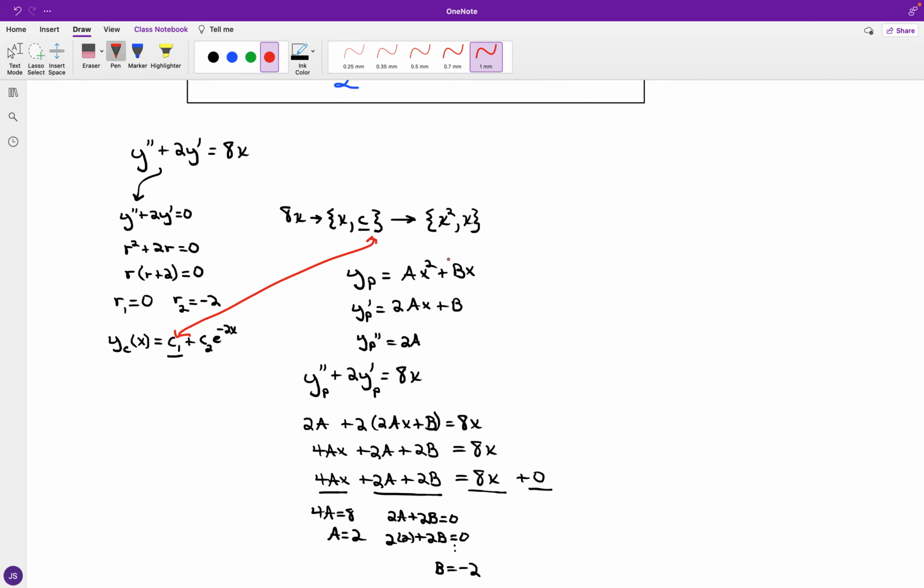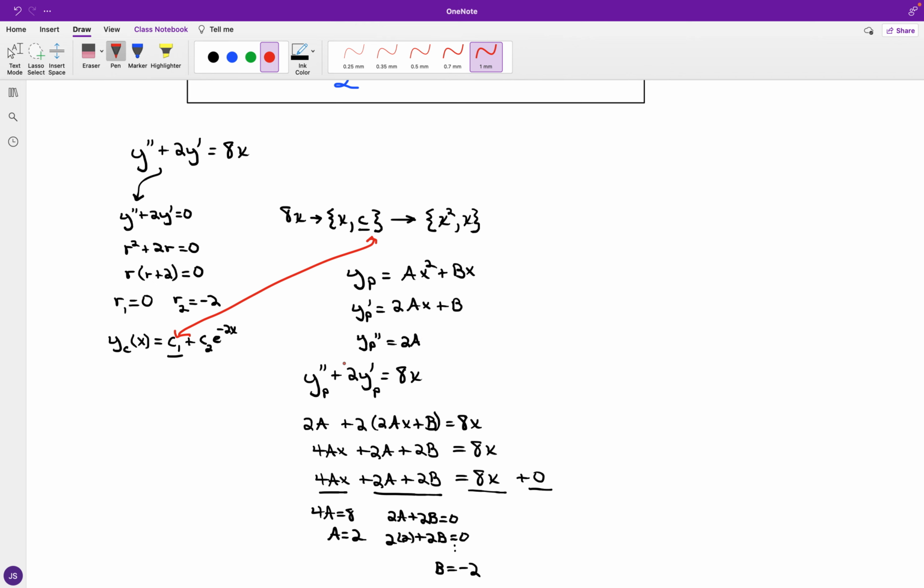And we're going to go out to the second order derivative. So the first order derivative, we have y sub p prime is equal to 2ax plus b. And the second order derivative has b go out, and 2ax becomes 2a.